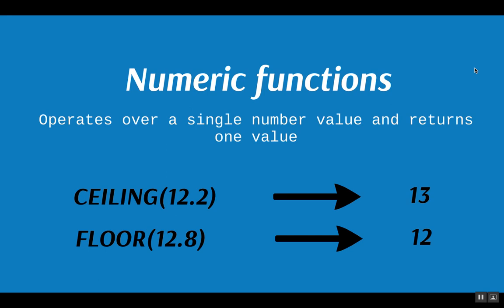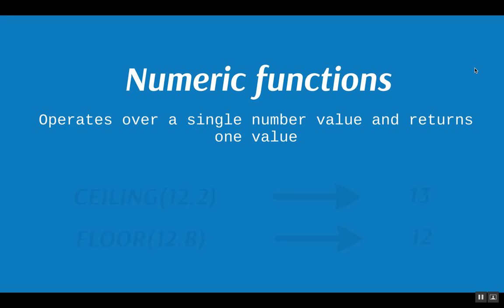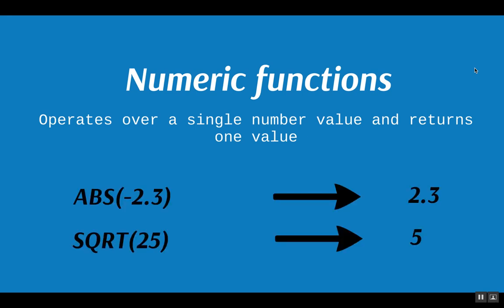So 12.2 becomes 13. The floor function will get the next lower whole number regardless of decimal amount. So 12.8 would still become 12. The abs function gets the absolute value of the number, and the square root function will get the square root of the number.